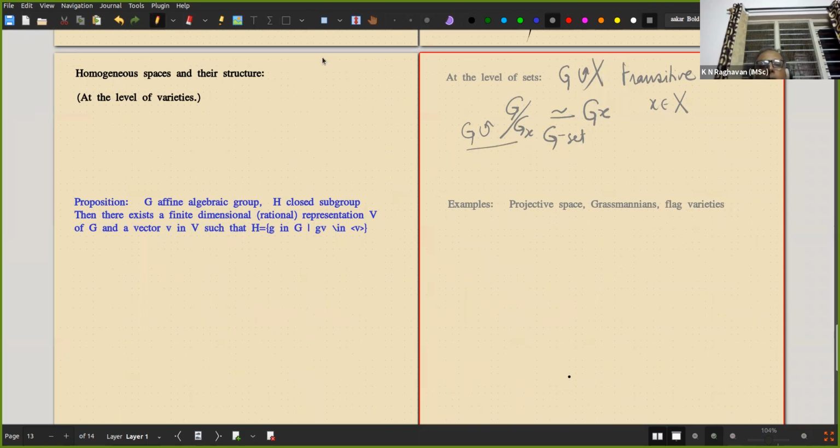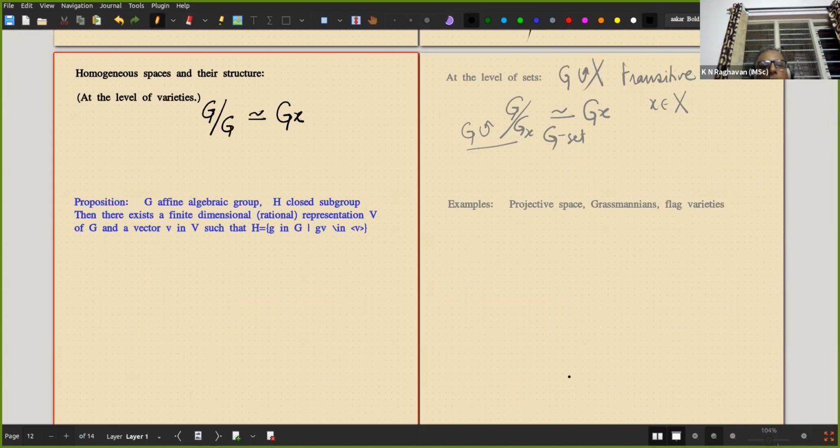Now, the same thing is true at the level of varieties. If I have an orbit Gx, then I can identify this with the coset space. That brings up the question of how I am going to make this a variety.